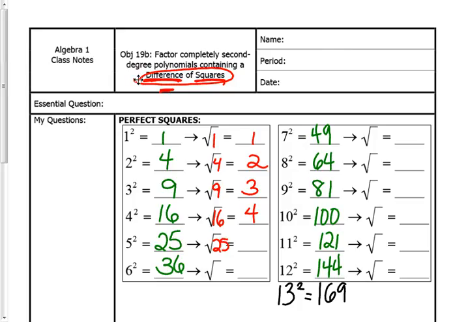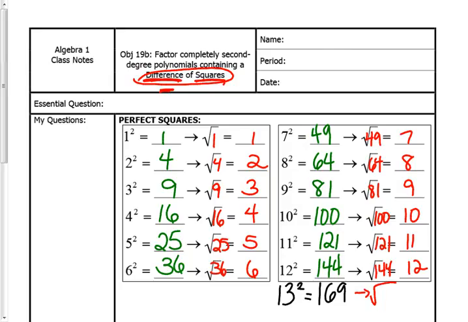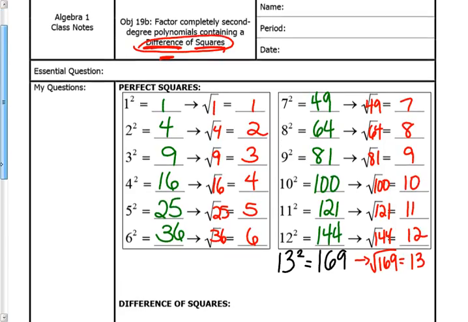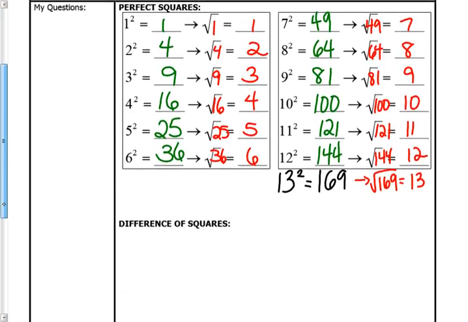So when I take the square root of that number, I'm just going back to the original here. Okay, so make sure you have that filled out in your notes there.